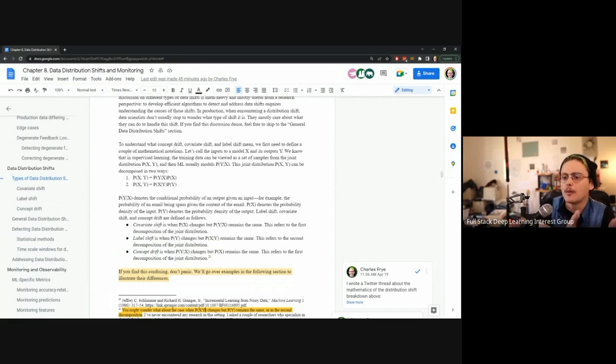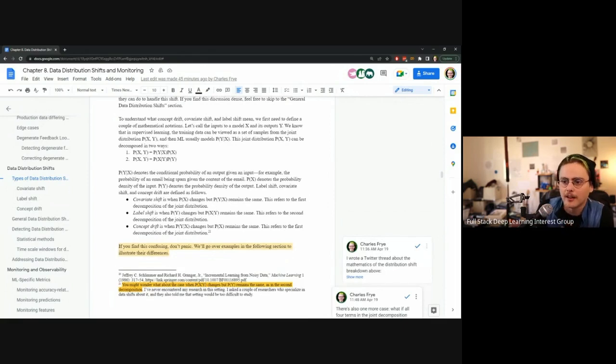The reason people came up with these particular types is that they want to pick out a specific, simpler way that a distribution can change and talk about how you can solve it if you know that's the way the distribution is changing. So this is a breakdown of some basic types of distribution shift. They can occur together, since all things can also change at the same time.